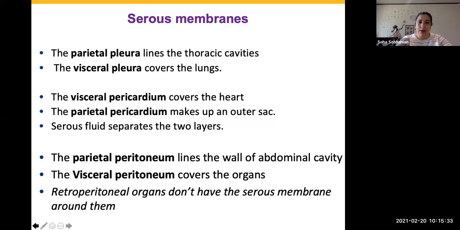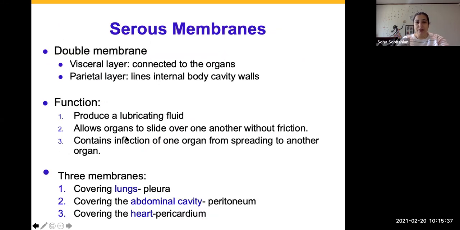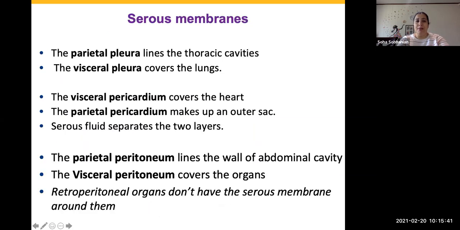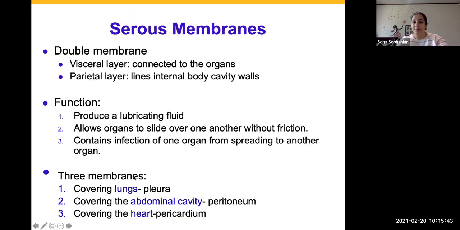Go back to our previous slide. If we're talking about, and I'll come back to the function in just a second, if we're talking about your lungs, the layer that covers it is called pleura. So the plastic bag, if I'm talking about the lung, it's called pleura. If I'm talking about the abdominal cavity, the plastic bag is called peritoneum.